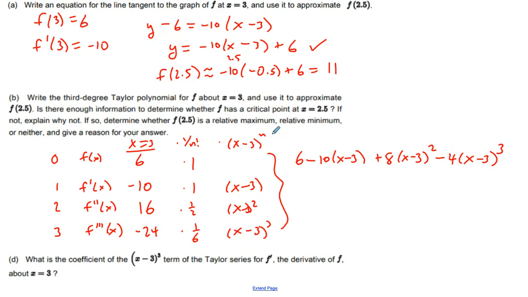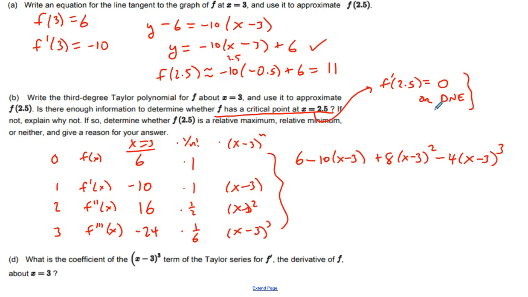We go back and let's look at our questions. Is there enough information to determine whether f has a critical point at 2.5? Well, remember what critical points are all about. The derivative here would have to either equal 0 or be undefined.